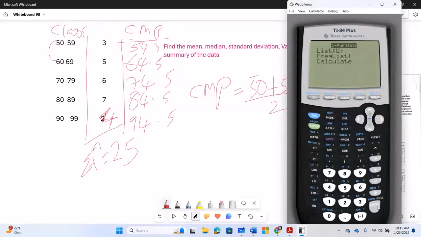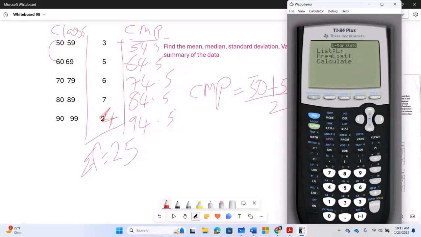My calculator is asking me, where is your class midpoint? My class midpoint is in L1. Now the next question is, do you have frequency? Yes. Because this is grouped data, I have a frequency list. So I better tell my calculator where the frequency list is.